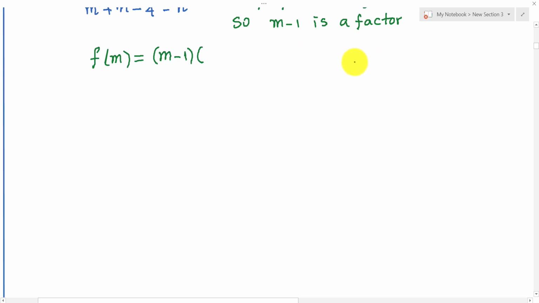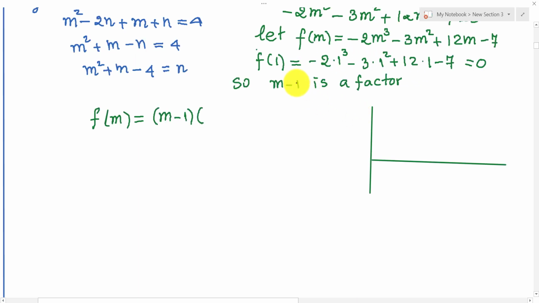Now I use synthetic division. I take the coefficients 1, -2, -3, 12, and -7.